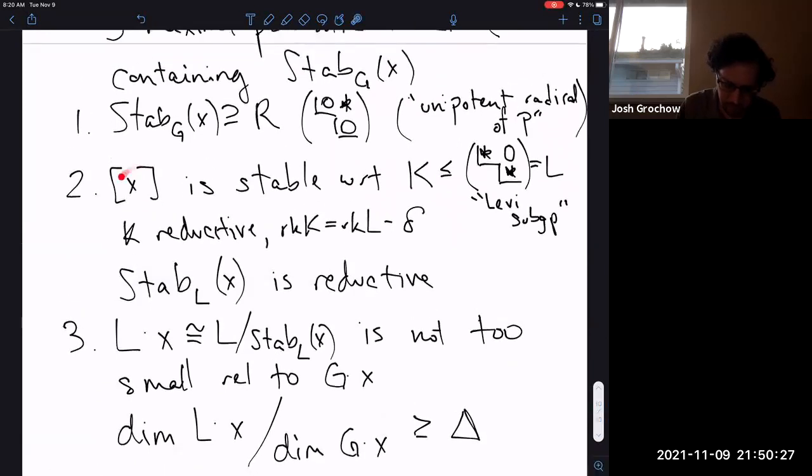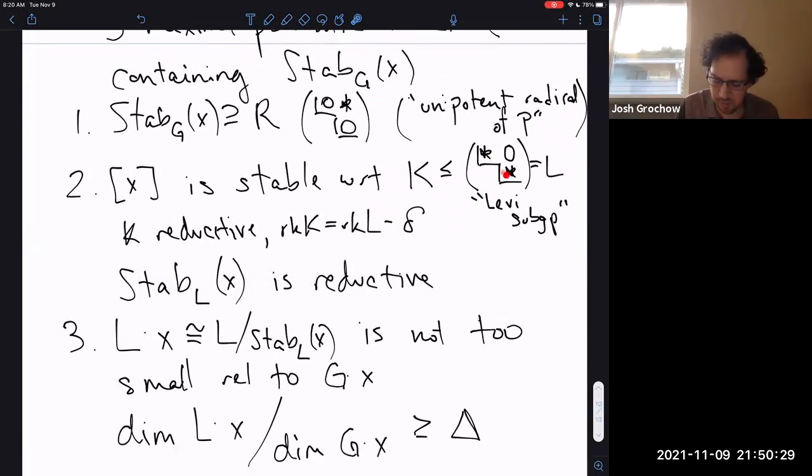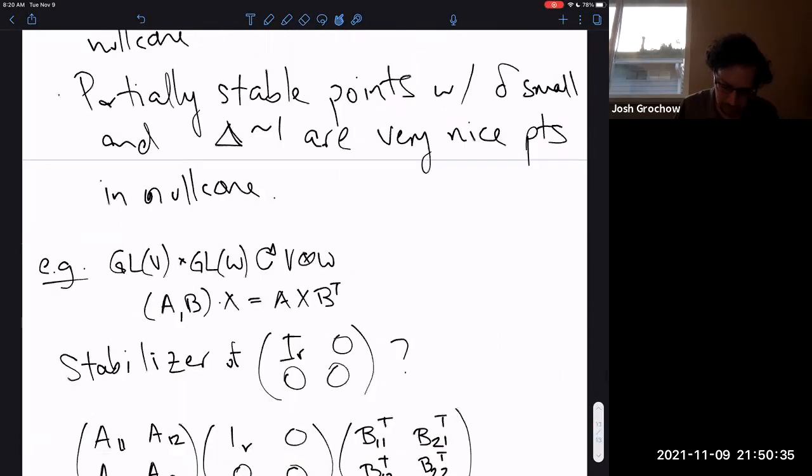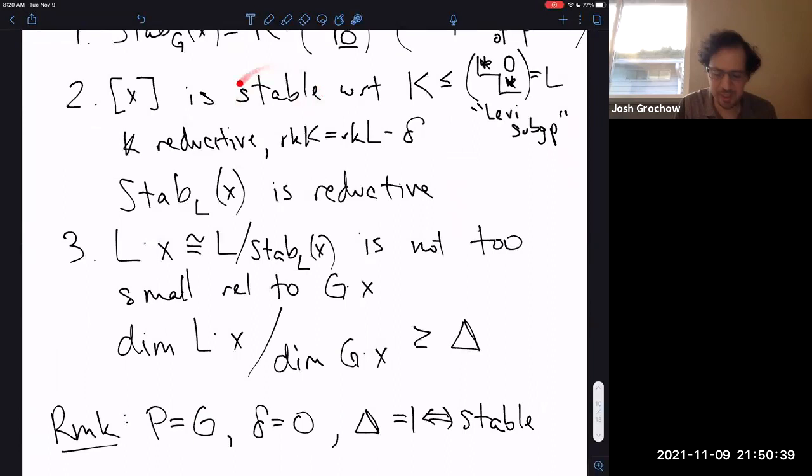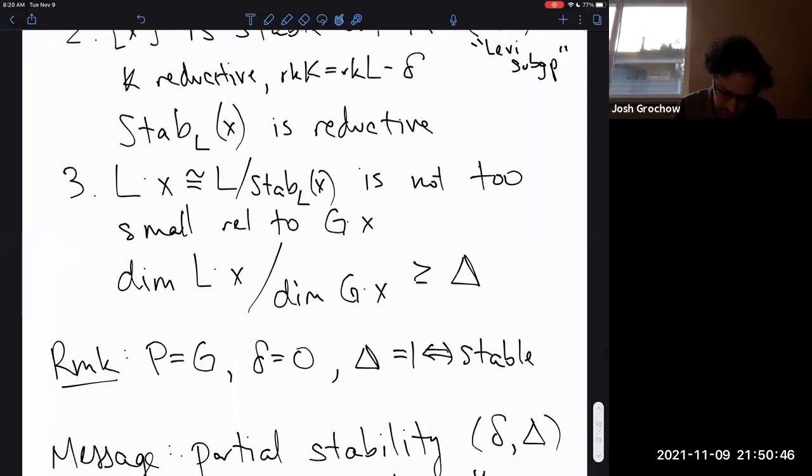My point should be stable with respect to some subgroup here, that's not too much smaller than the original thing. Oh, right. And here, this was something that confused me the first time I read it. This means stable in the GIT sense, not in the stabilizer sense. Right? So is it?